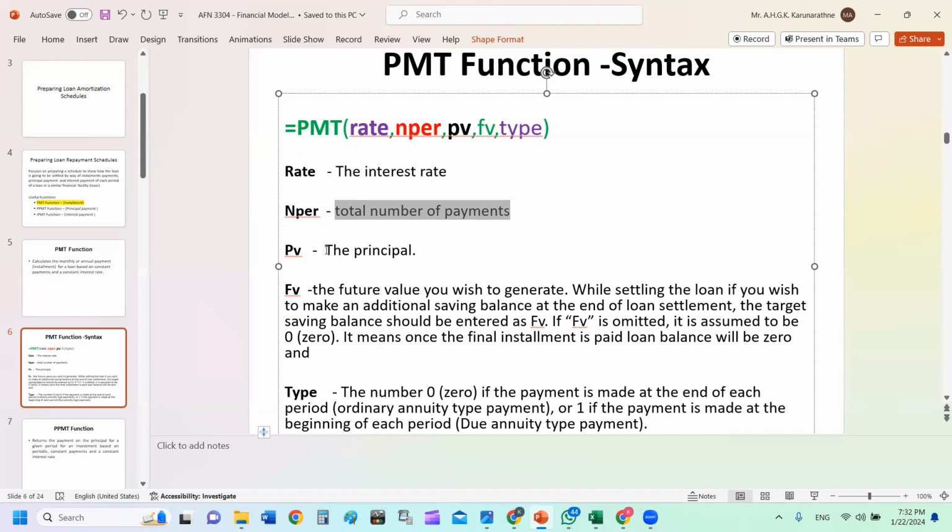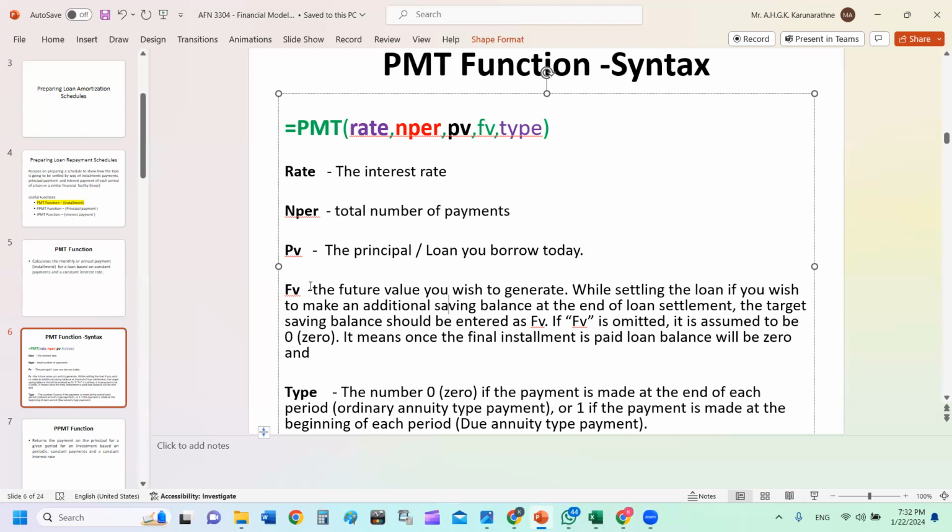PV කියන්නේ the initial, in our loan scenario, principal. PV means principal. Actually, PV means the loan you borrow, right? Loan you borrow today, right?